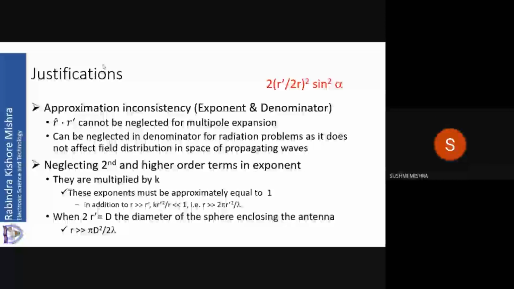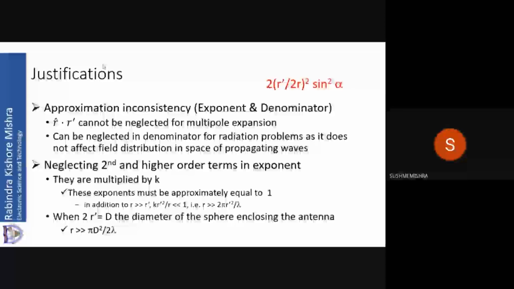The smallest diameter of a sphere which can completely enclose the antenna is capital D. So 2 R dash is equal to capital D. Now if I put that, then my R becomes much greater than pi D square by 2 lambda. So R will be much greater than pi D square by 2 lambda.